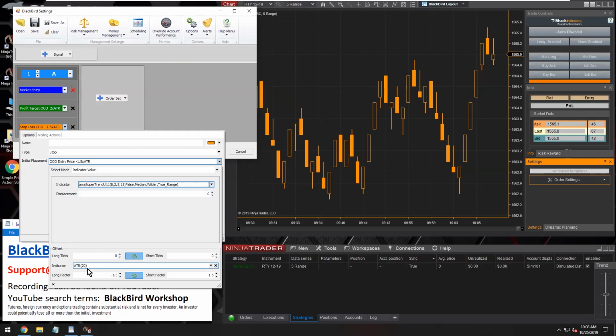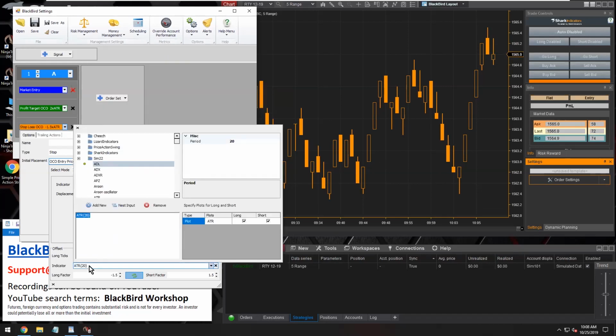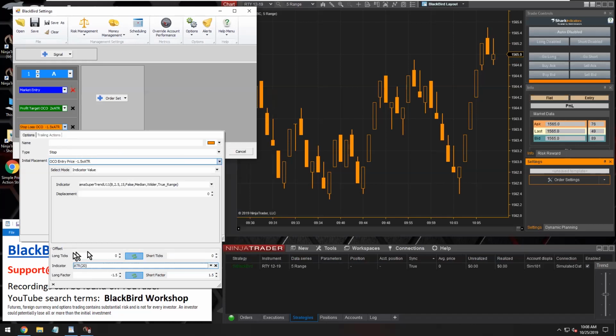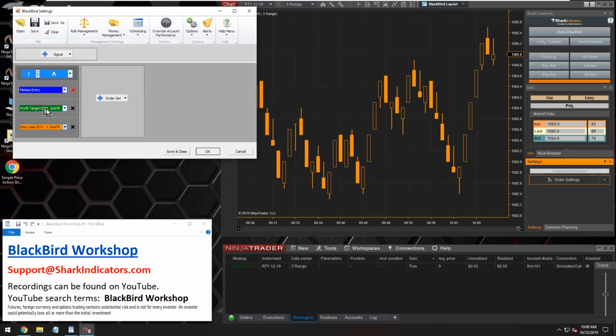Or you might be using an indicator down here in the offset section, for example the ATR, if you want to create an ATR based stop loss offset.